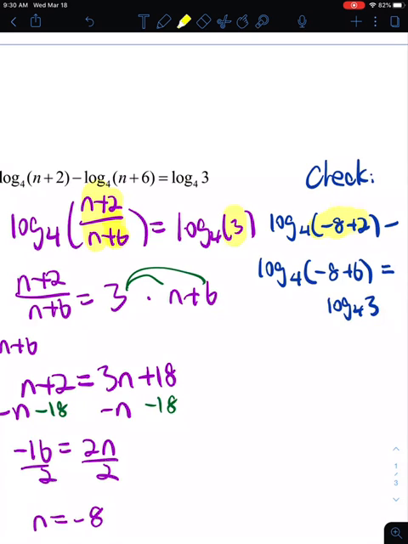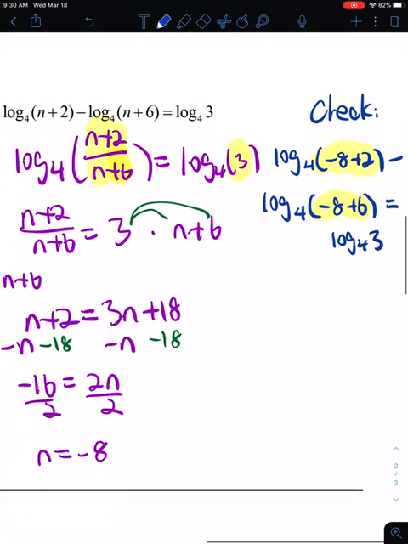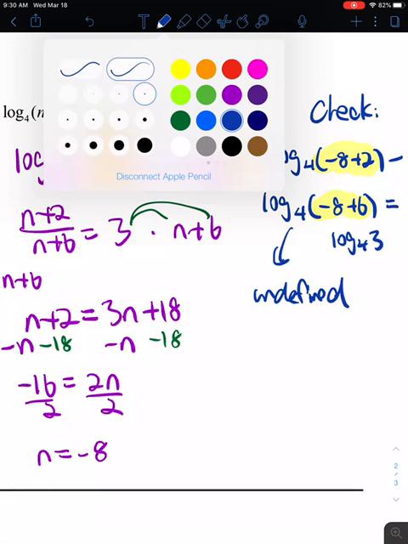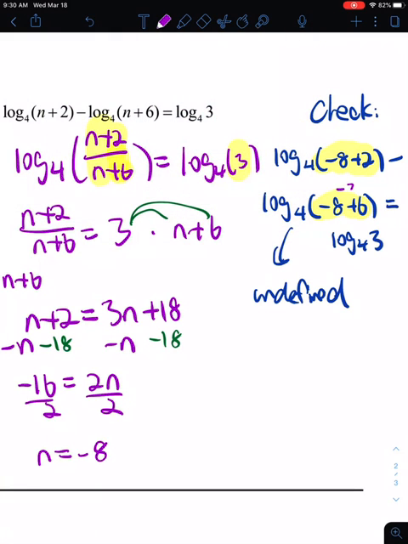Now, what we notice is this number and this number actually both turn out to be negative. And we know that we can't take the log of a negative number. So these are actually undefined, right? Because I get negative 2 here, I get negative 6 up top.